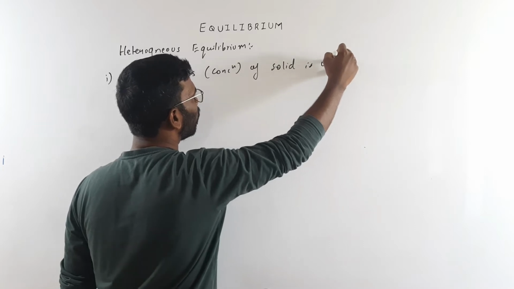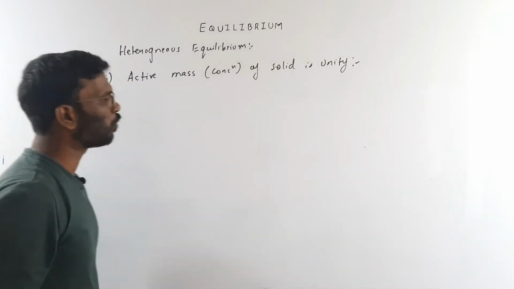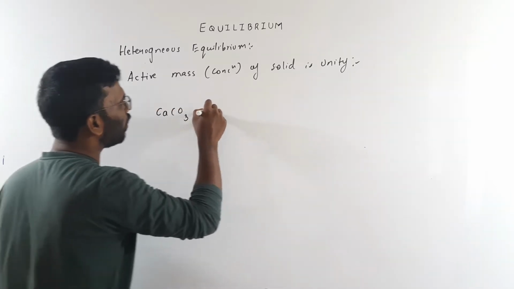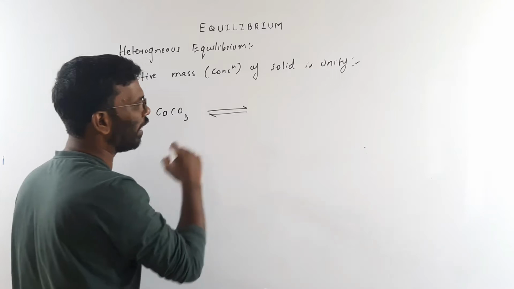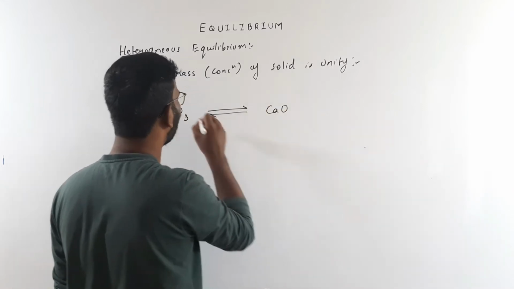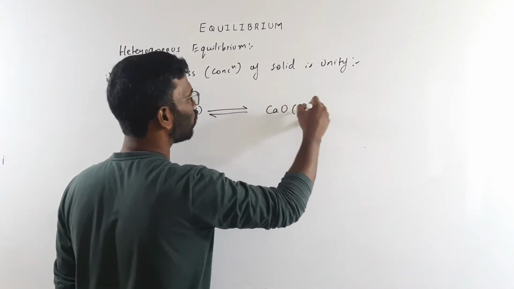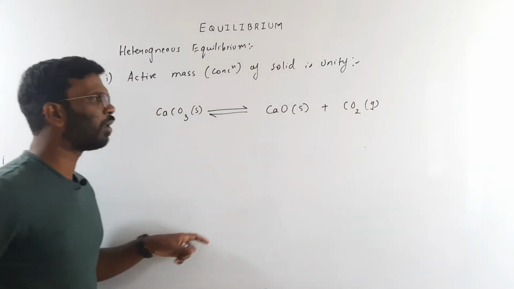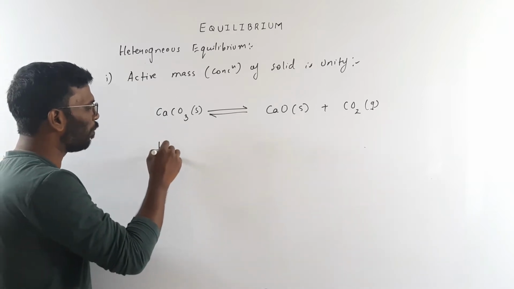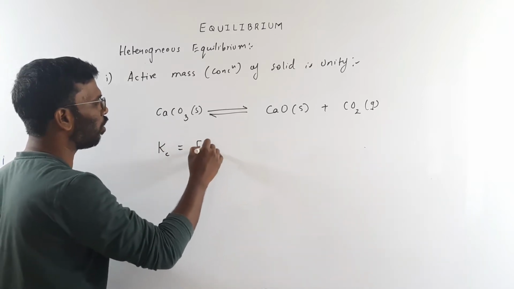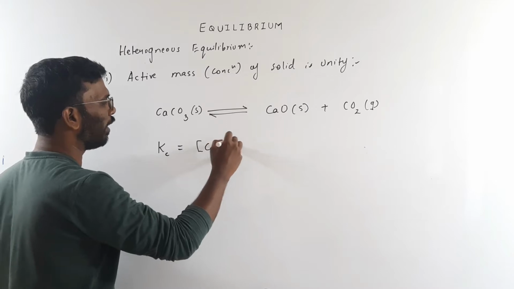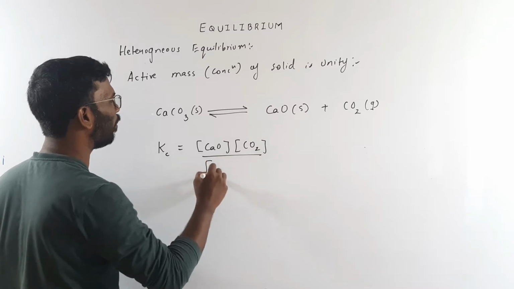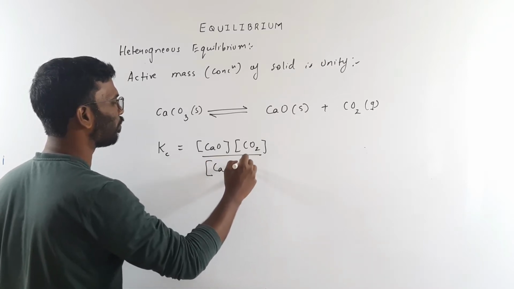is unity. For example, take this equilibrium: calcium carbonate getting decomposed, in equilibrium with calcium oxide, which is also solid, and carbon dioxide gas is formed. While writing the equilibrium constant, Kc is equal to the concentration of calcium oxide, that is the product, times the concentration of carbon dioxide, divided by calcium carbonate.